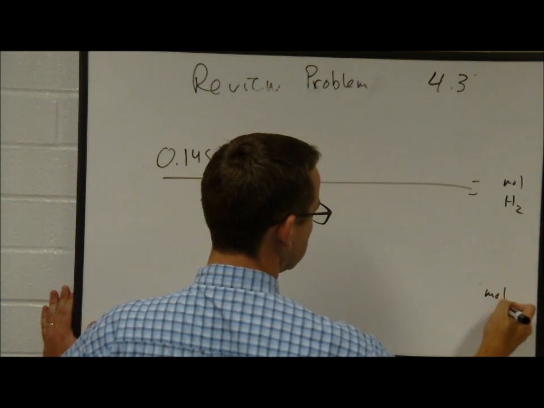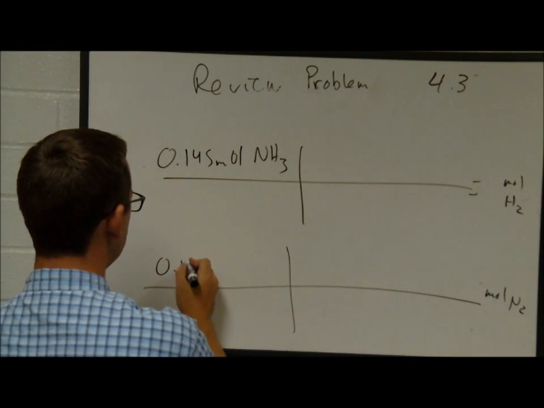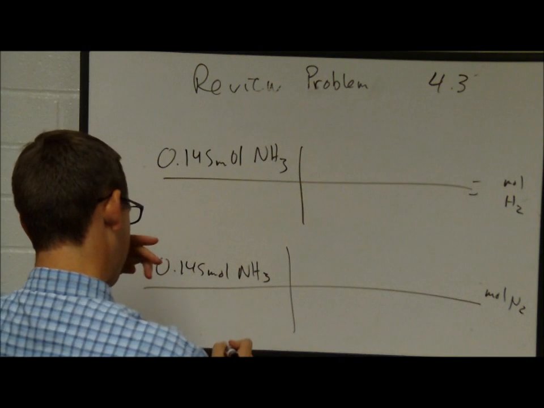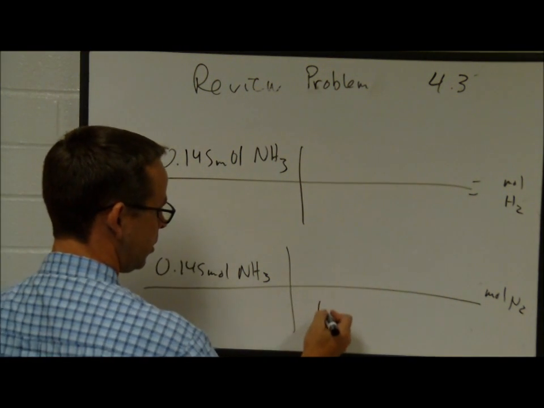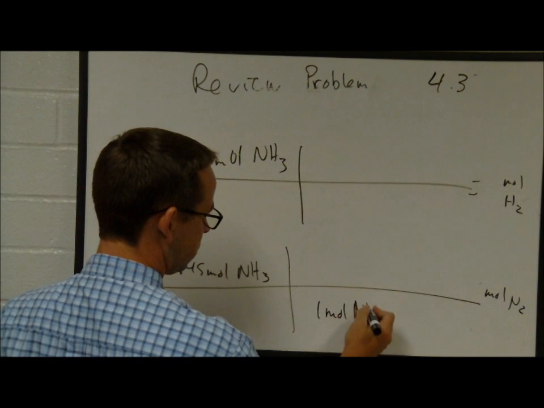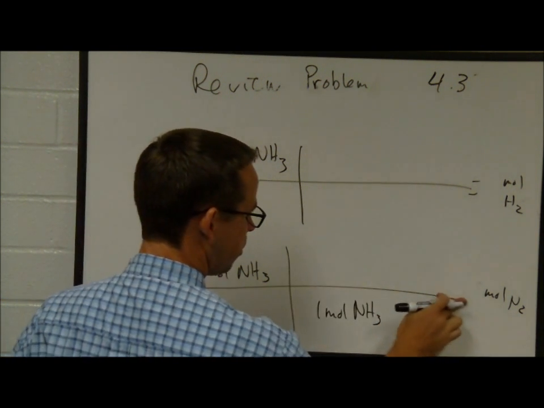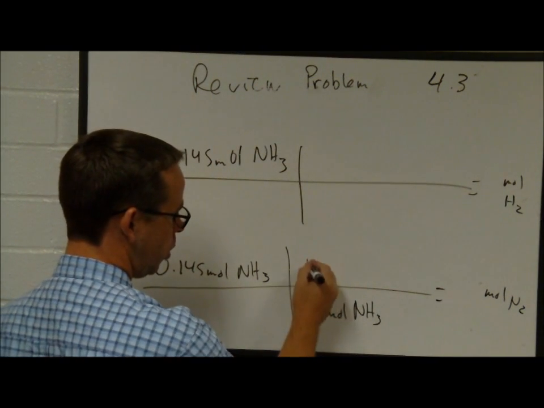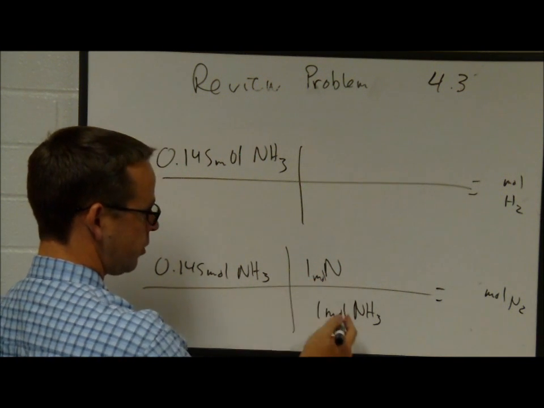How many moles of N2? Well, we're looking for moles of nitrogen, I start on the second one first. For every 1 mole of ammonia, I can get 1 mole of nitrogen atoms.